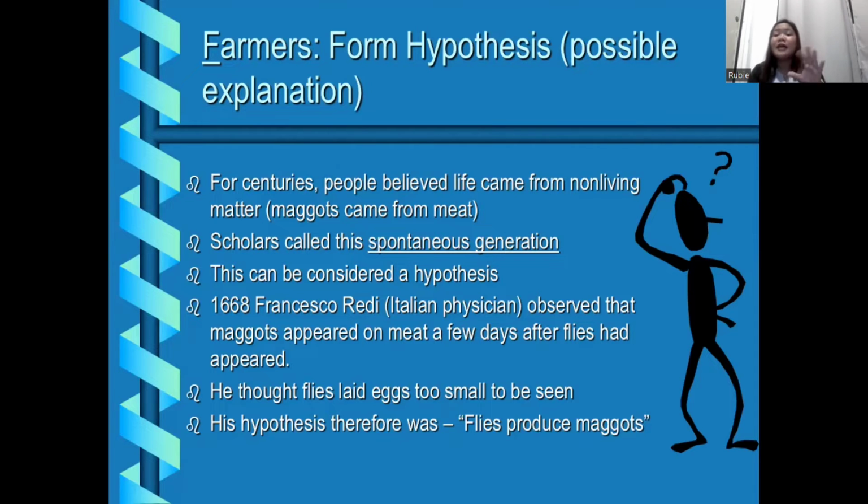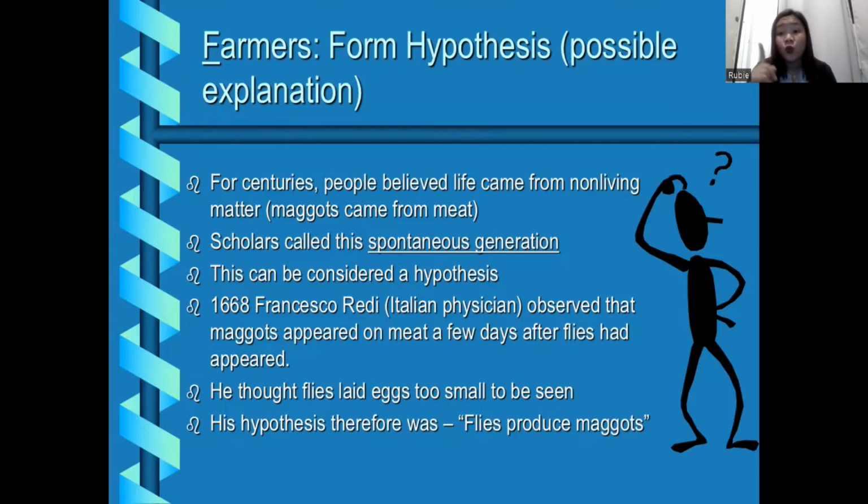Third is form hypothesis. What is a hypothesis? A hypothesis is an educated guess. It could be a possible explanation. For centuries, people believed that life came from non-living matter, for example, maggots coming from meat. Scholars for many centuries called this spontaneous generation.